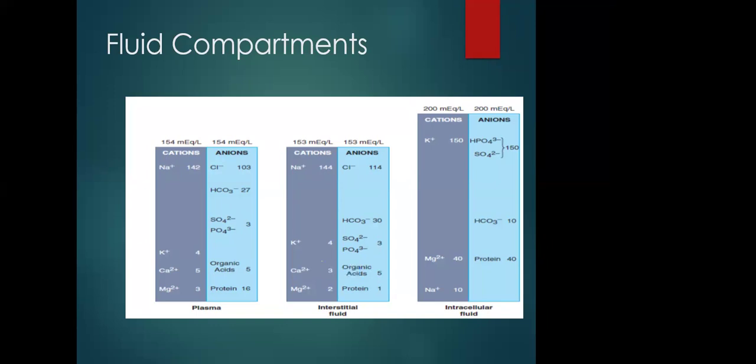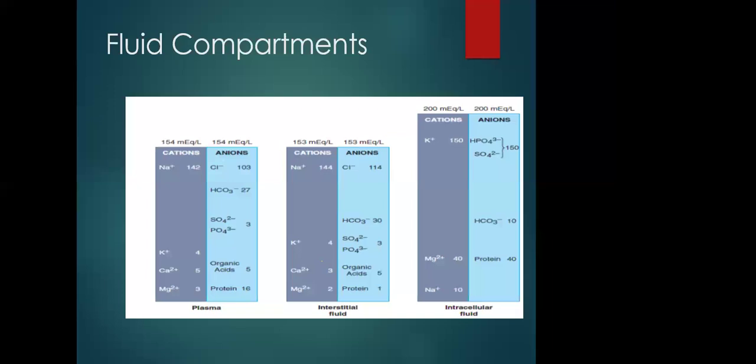In other words, all of them are freely permeable to water. And then we have osmotic equilibration, which occurs when water moves across the membranes from areas of lower to the areas of higher osmolality. So electrolytes exchange is free between interstitial space and also the plasma.